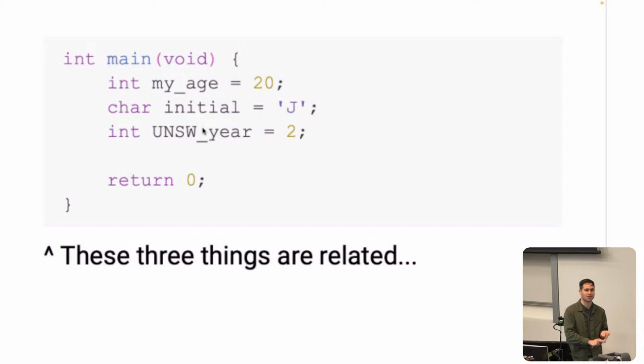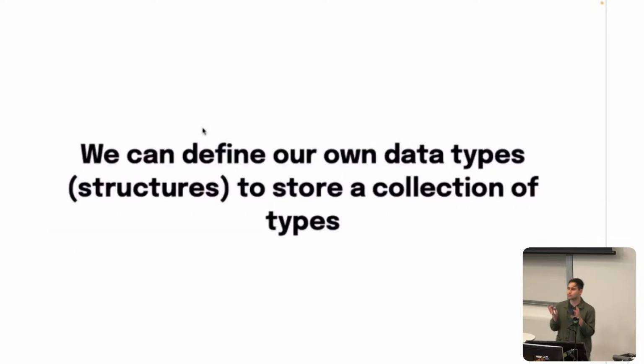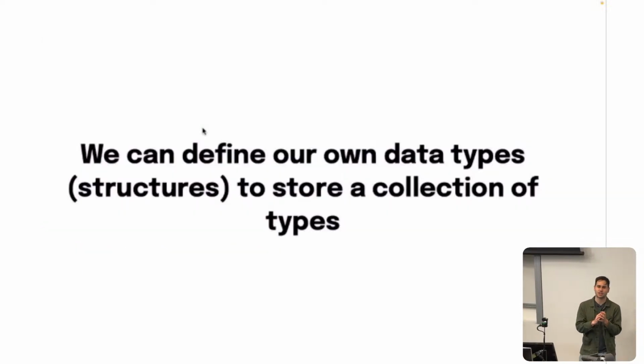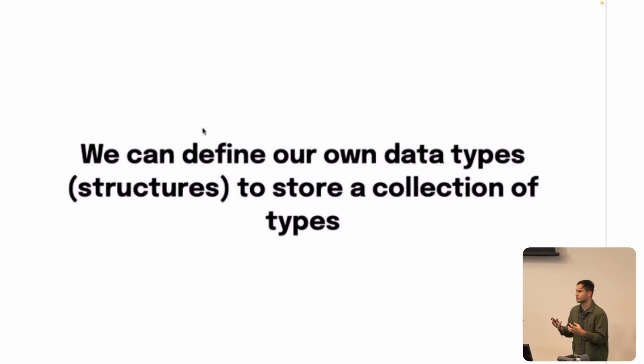We have lots and lots of information. We can't have 50 variables in a program. That's just one student. There's 60-something thousand students here. That would be 60,000 multiplied by so many separate variable lines of code. That's a nightmare. That won't do. We need a way to group similar information into a single thing, a single variable.